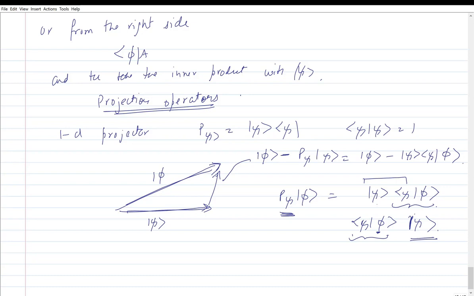It's going to be this guy. We can have similarly multi-dimensional projectors. Let's say, let S be a d-dimensional subspace spanned by orthonormal vectors.